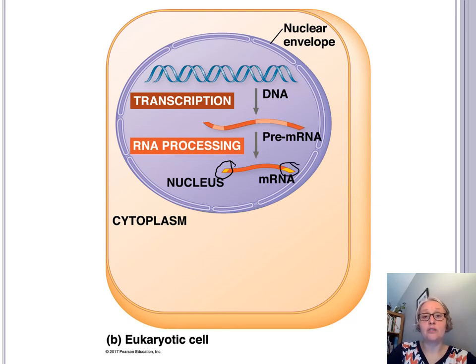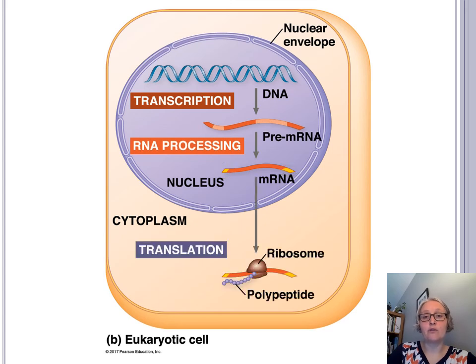Again, we'll learn about those steps when we talk about RNA processing. Once the RNA has been processed, it's going to leave the nucleus to get out to the cytoplasm where the ribosomes are. Once it's out in the cytoplasm, it can attach to a ribosome. Again, the ribosome is that hamburger bun looking element, and we start making our protein, which is the purple element. So this is the process of gene expression within eukaryotic cells.